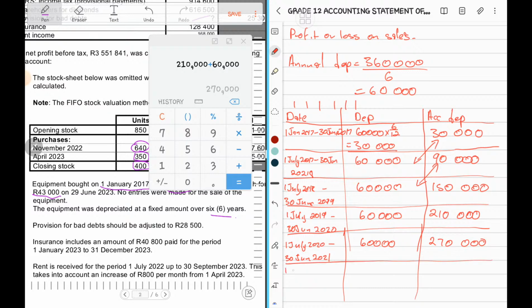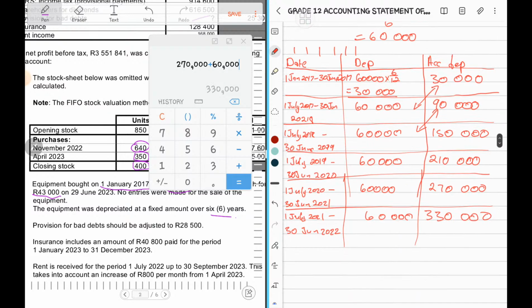Then 1st July 2021 to 30 June 2022, it will be 60,000. Then when we take the 270,000 and add the 60,000, that gives us 330,000. That will be the accumulated depreciation.